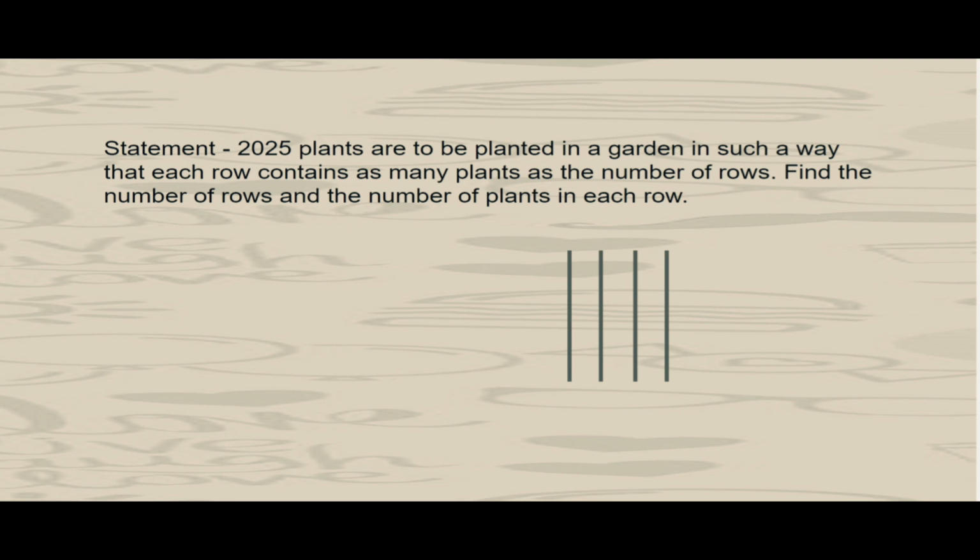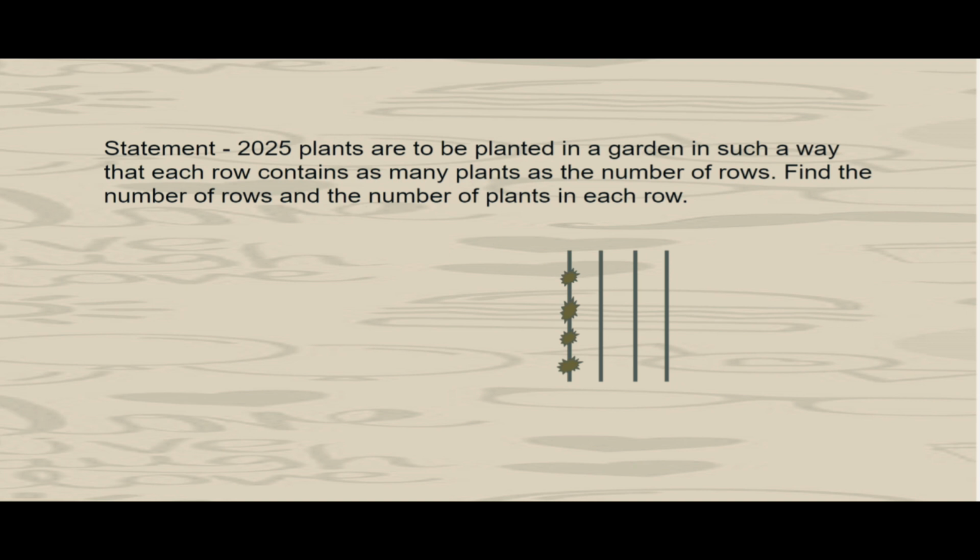Now suppose, just for imagination, we have 4 rows. According to our question, we have 4 plants in one row. If we have 5 rows, then we have 5 plants in one row. But in actual, we don't know the number of rows and plants.